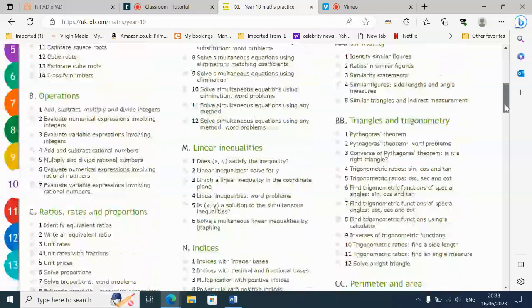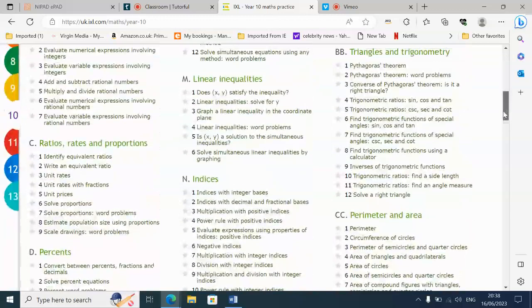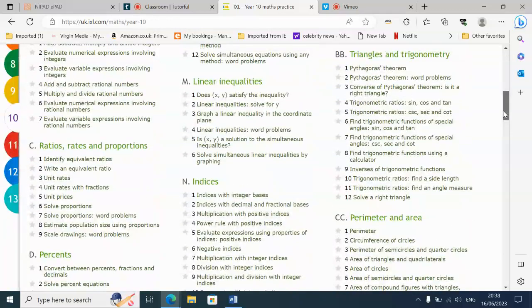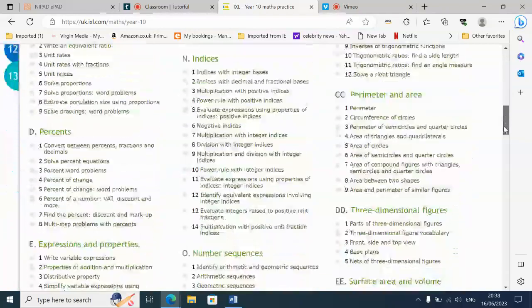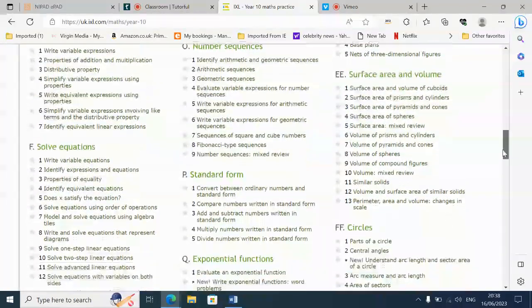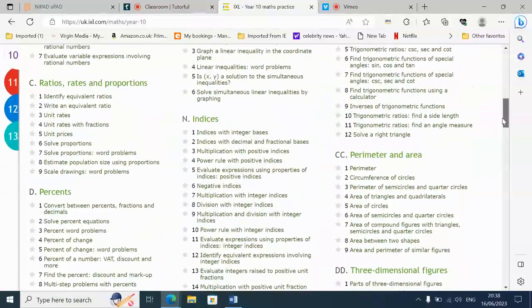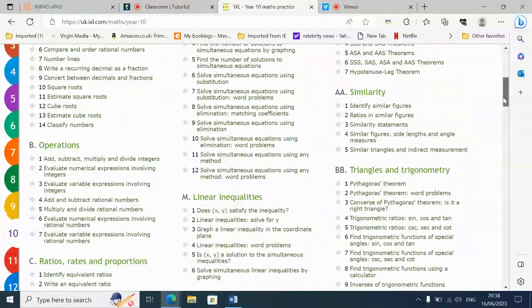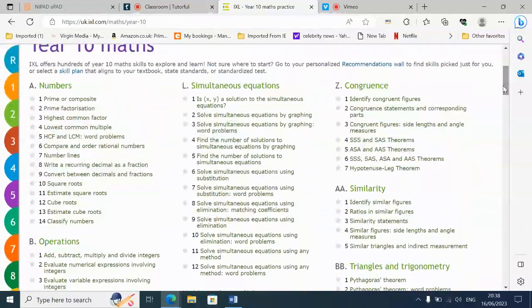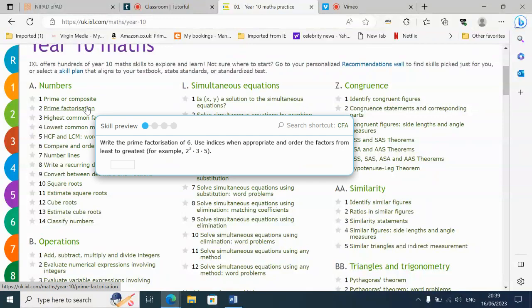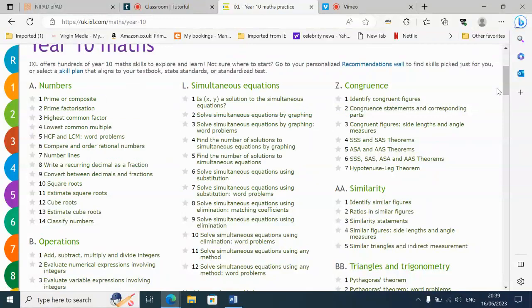So, what have you got on your list? Expand and factorize. Okay, so it's expand and factorize. Again, there are so many. Factorization, no, that wouldn't be that. Expand and factorize.